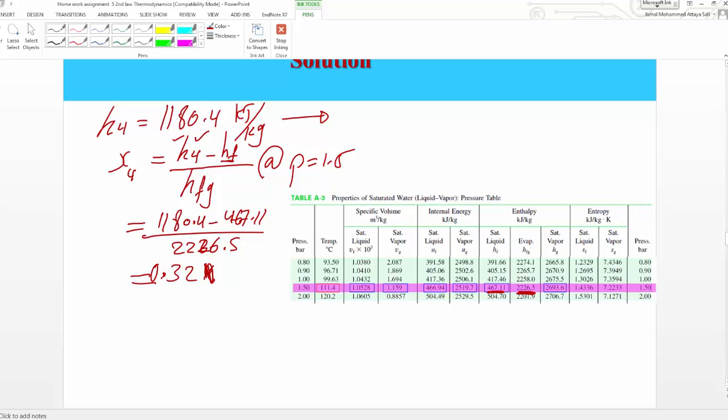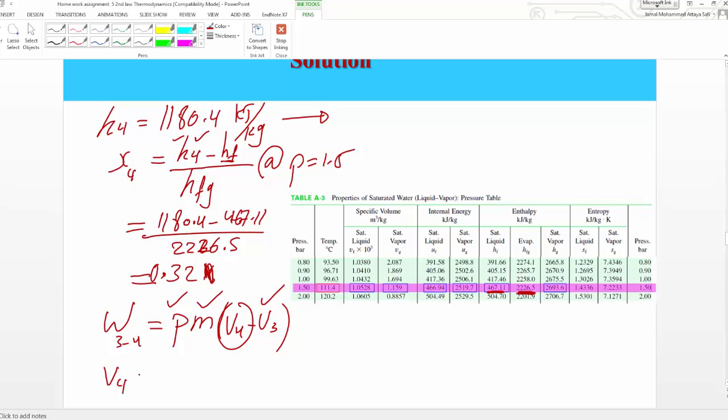Okay, so now I know X4, which means that I can find any property that I want at point 4. And what do I need? Remember, to calculate the work, the work from 3 to 4 is actually M P multiplied by V4 minus V3. V3 I already have, this I have, and this one I have. I need V4, but V4 I can find because I have X4 now.